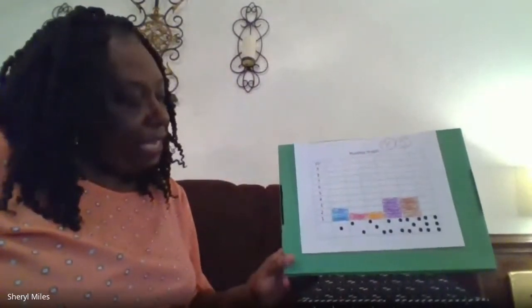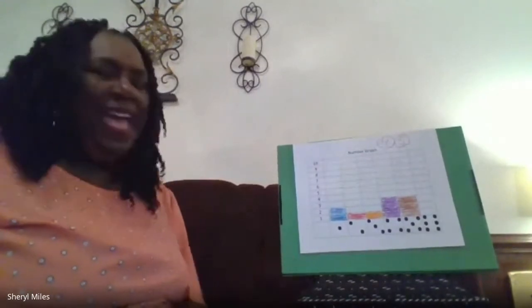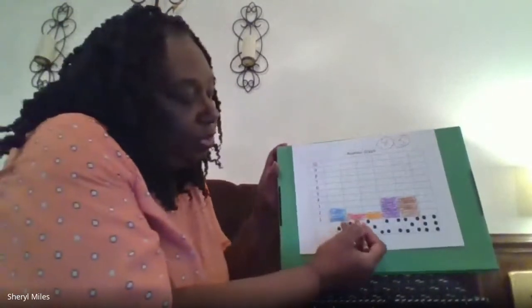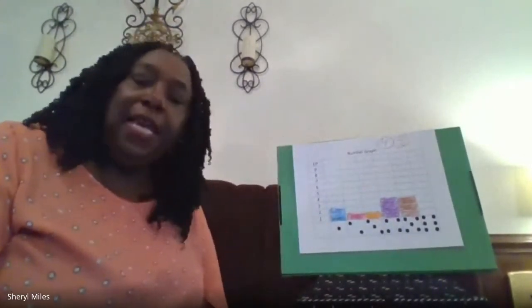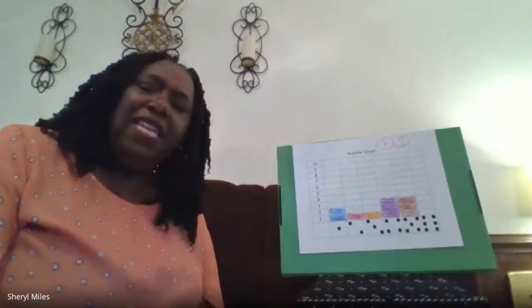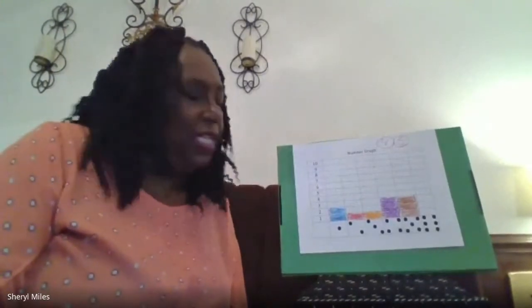Now, when I look at it and I say, do I have any numbers that came up the same number of times? Well, I look at 2 came up 1 time, 3 came up 1 time. So 2 and 3 came up the same number of times. Now I have one more question I want to answer.